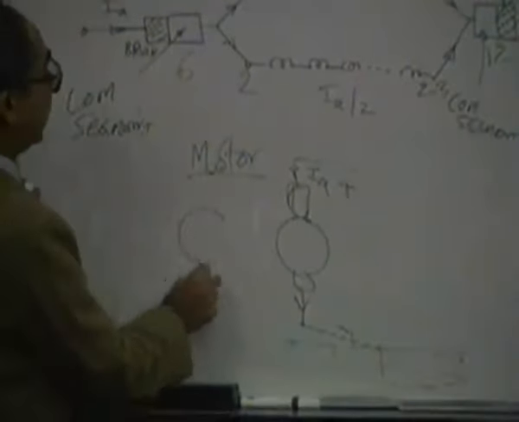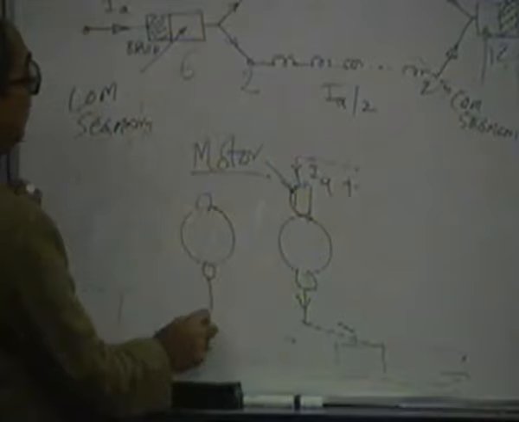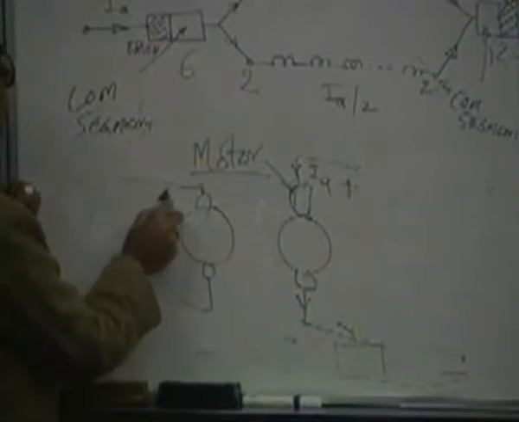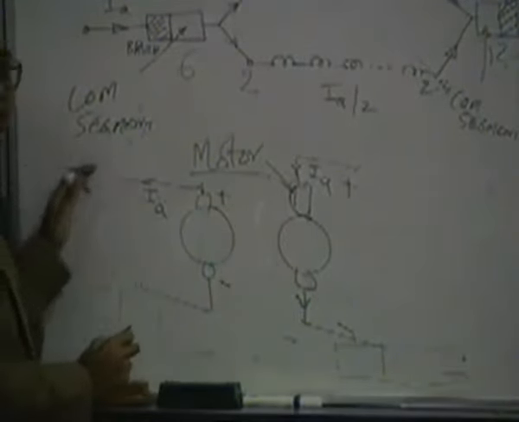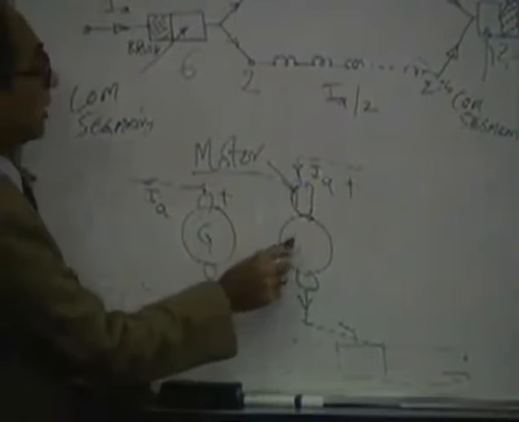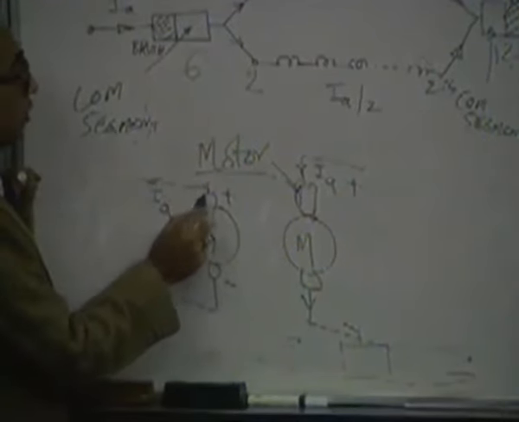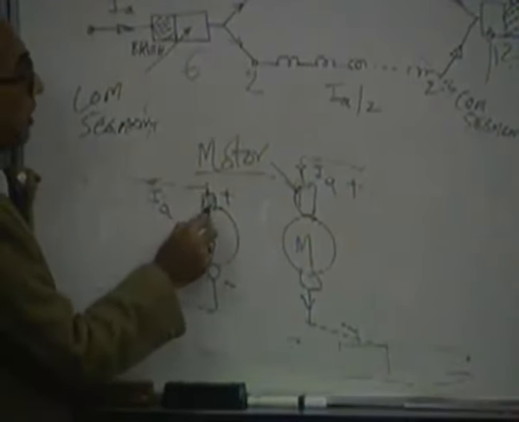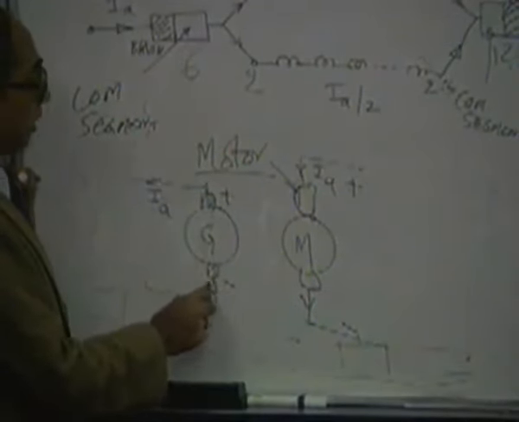If it is a generator, then the current is going out, so whichever brush it is going out through you call positive. So it is a combination of symbols of a motor and a generator. In a generator current is coming out, so when the current is coming out you call it a positive brush, and the current entering will be a negative brush.